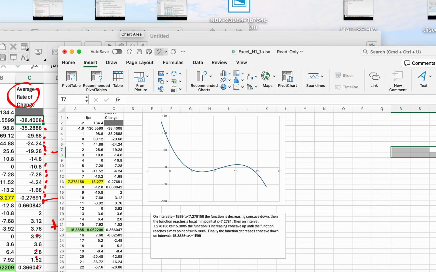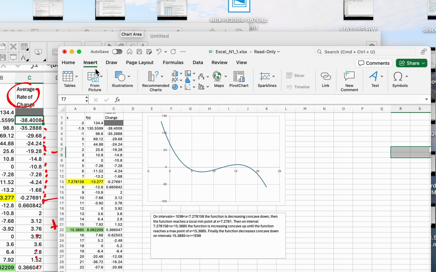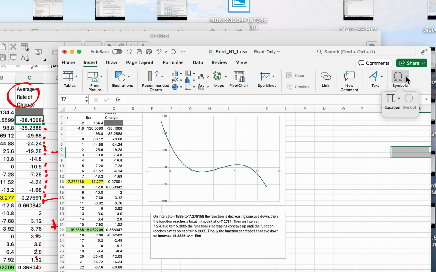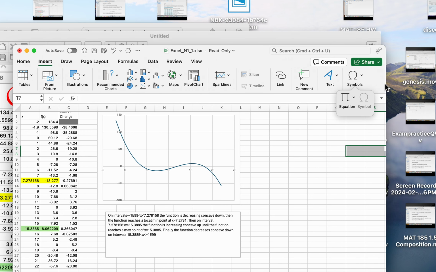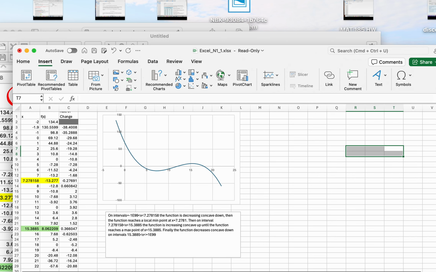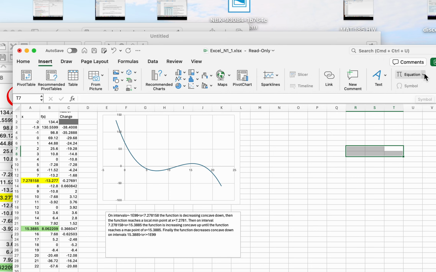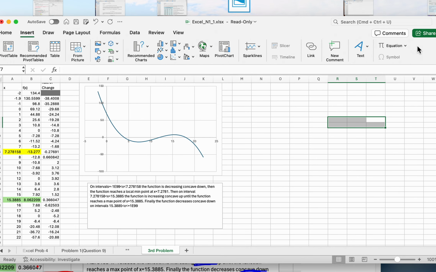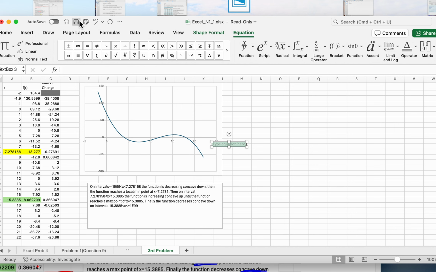If I go to the insert menu, there's a place to enter an equation. I click the symbols or equations. I think it's just showing symbols because of this screen. Up here it says enter equation or symbol. So if I enter an equation, I click that menu, I get this whole other menu up here, so I can actually enter infinity here.